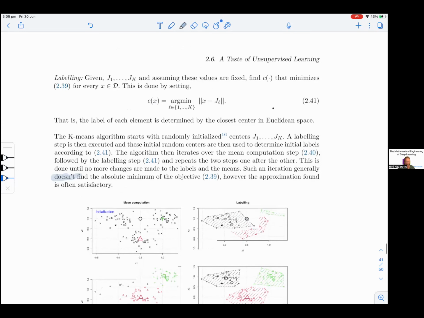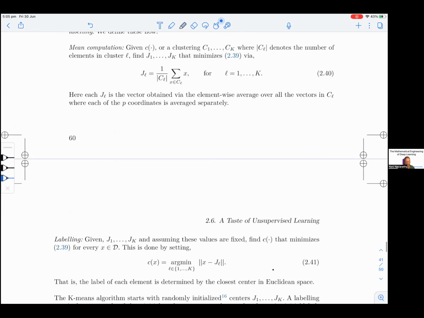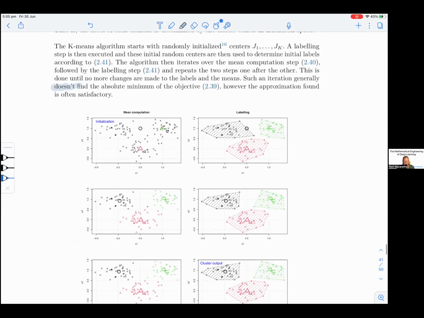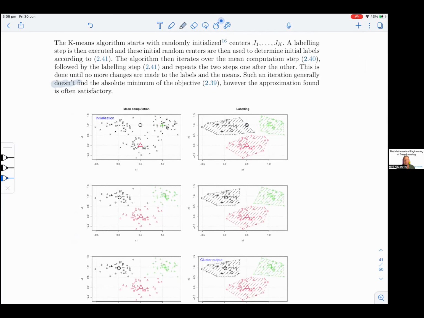So with these two actions, mean computation and labeling, what do we do? The k-means algorithm starts with randomly initialized centers, J1 through Jk. The labeling step is then executed, and these initial random centers are used to determine initial labels according to 2.41.